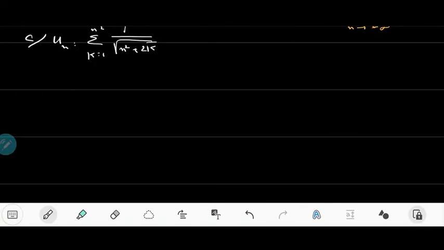Now taking the third example, it's the sum k going from 1 to n squared of 1 over square root of n squared plus 2k. If we compare visually this example with the one we did right before, we can notice that the sum of the terms in there goes to n, while here it goes to n squared.